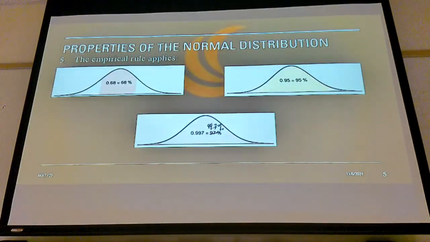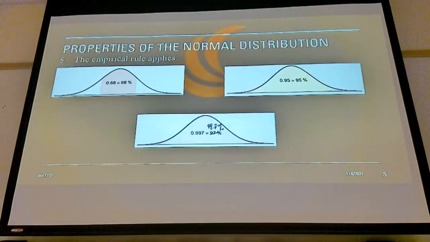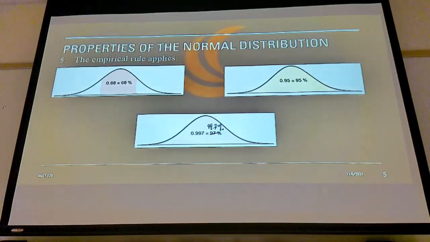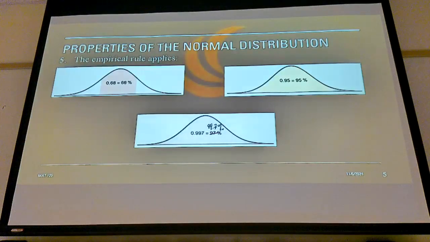These are all actually just rough estimates. That's not exactly 68%. I think it's like 67 and some change. For the 2, I think that's 95 and some change.